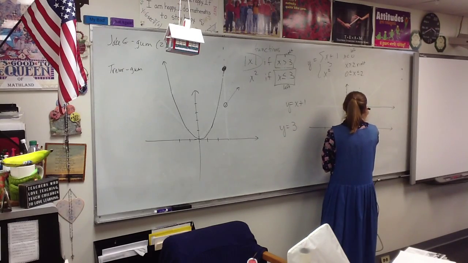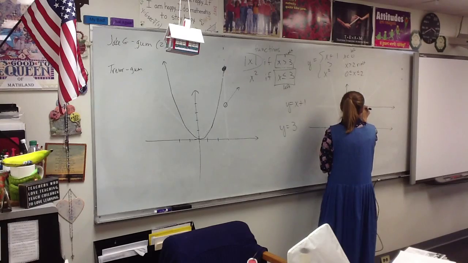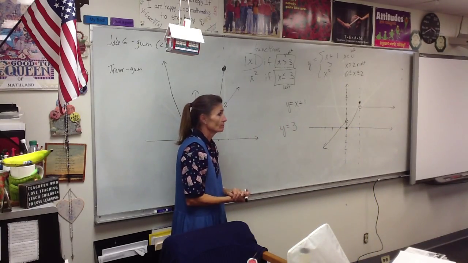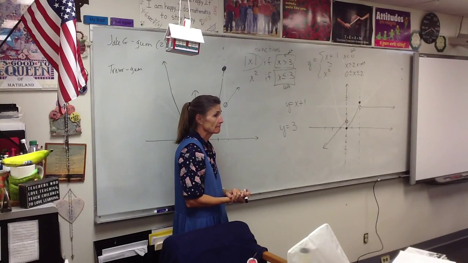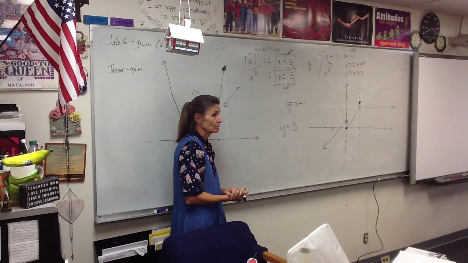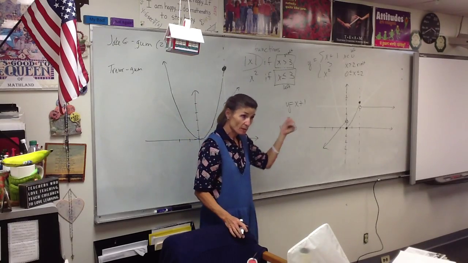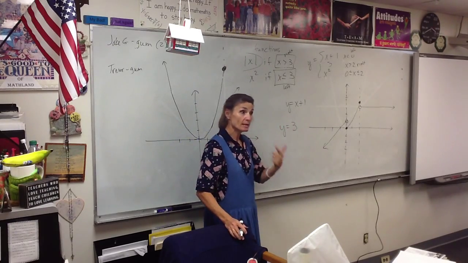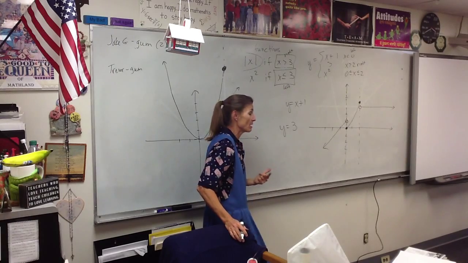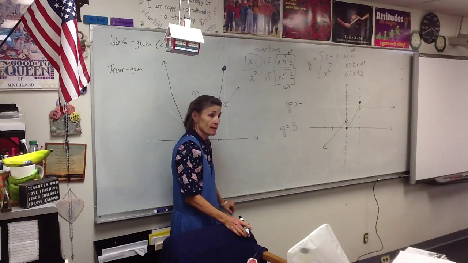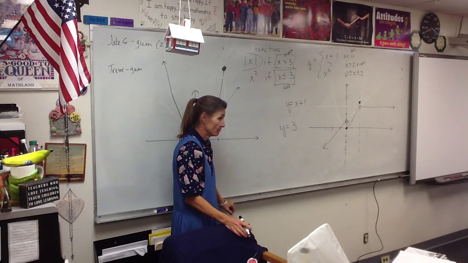I'm keeping only the part to the right. The picture is in pieces and we do it in pieces, one piece at a time. So that is an answer. That's your answer. Yep, all you're doing is graphing it.